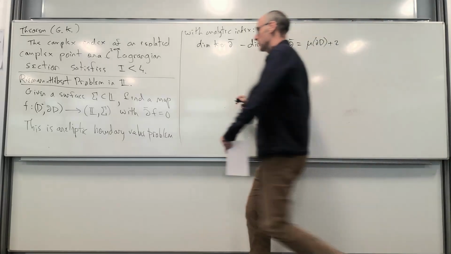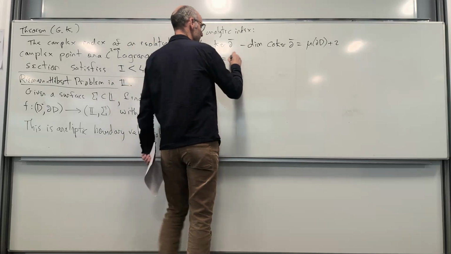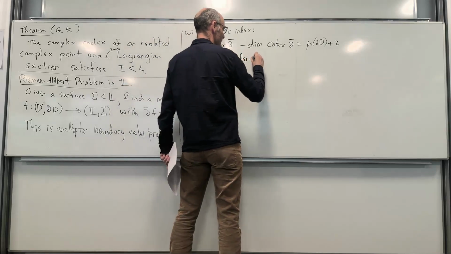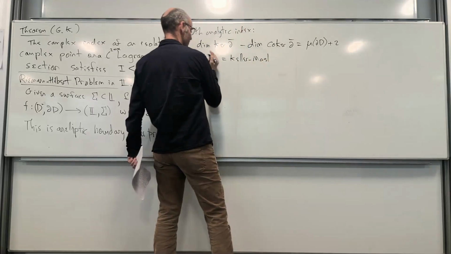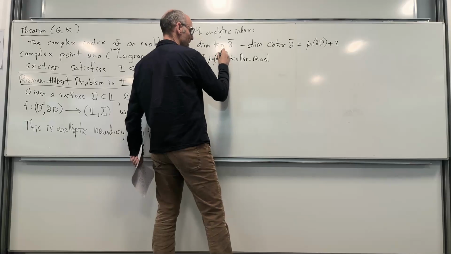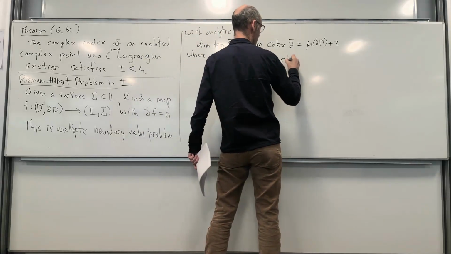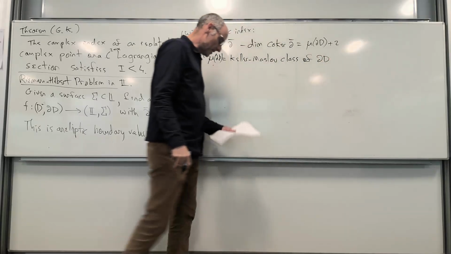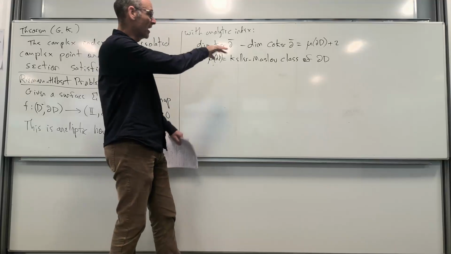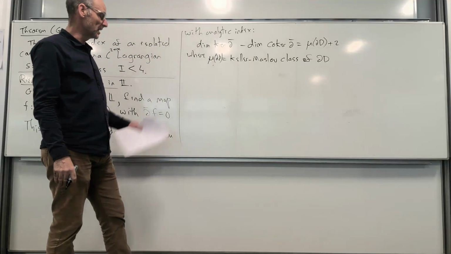So mu is the Keller-Maslov. So it's really a function of mu of the boundary. It's a little bit more than that. Maslov class of the boundary. And in fact, it's a relative first Chern class. You can also express it in terms of a relative first Chern class.